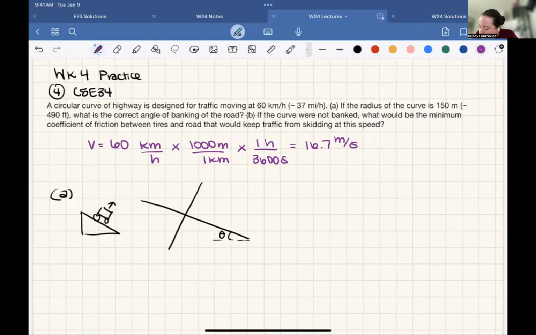And then we will draw weight force pointing down, and the angle is there, and then the normal force straight up in the y direction. And we have our x and y components of the weight force, weight y, weight x. And you can see that weight x is the one that's pointing toward the center of the circle.